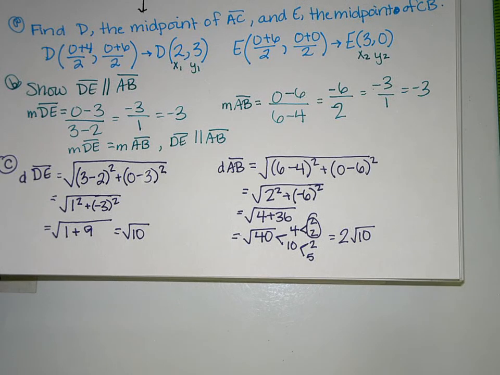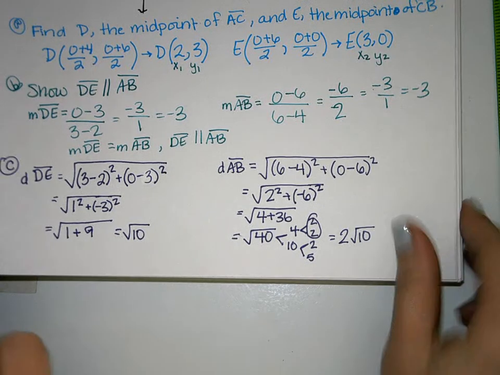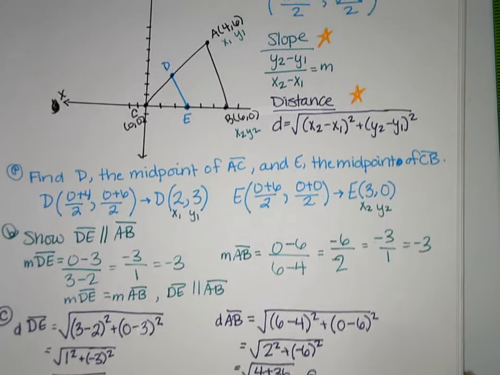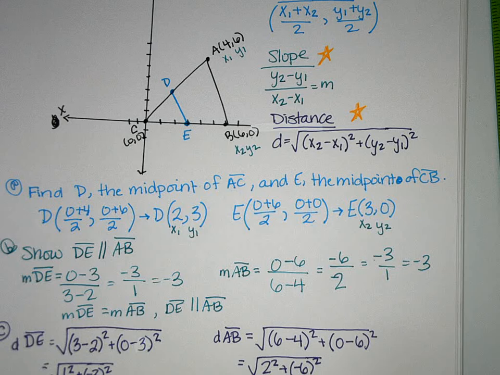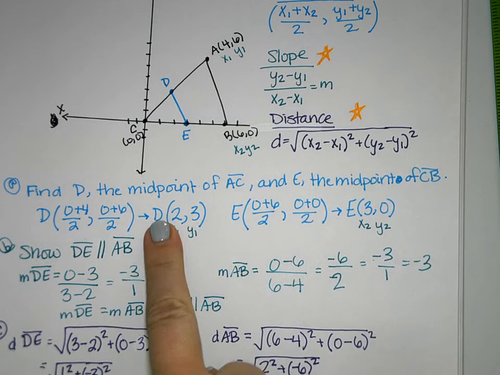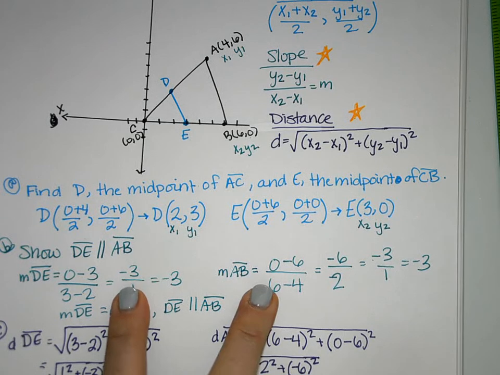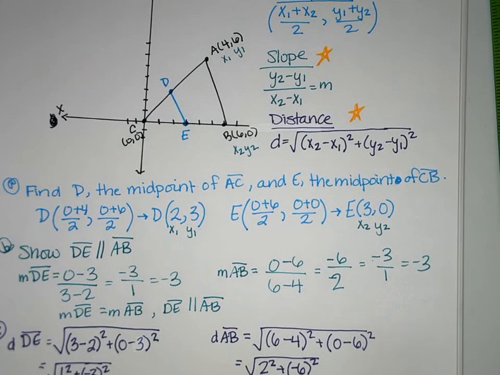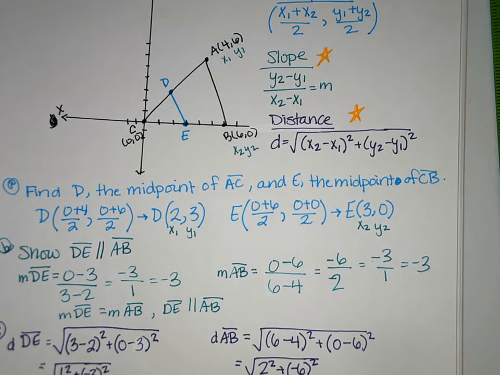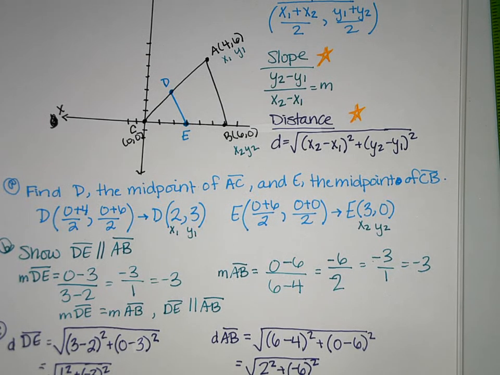So you have 2 of these where you're going to do on your own, where it's going to start with giving you a picture, and you're going to find midpoint, then you're going to find the next midpoint, then you're going to find the slopes to compare them, and then you're going to find the distances to compare them. That is all one problem. Okay? Like I said, you only have 2 of these, because they do take a long time.